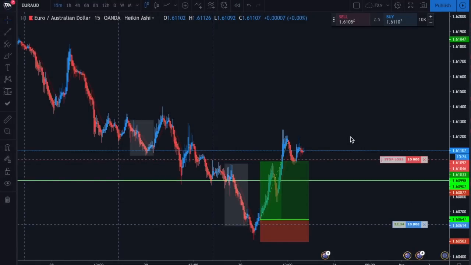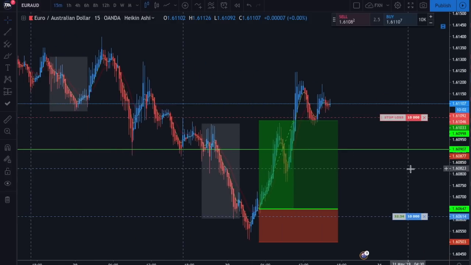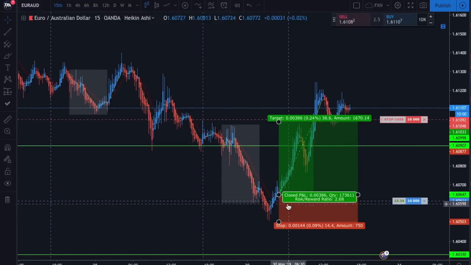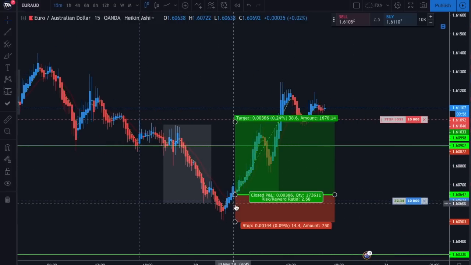Alright, so I just wanted to go over some of the trades that I took during London session yesterday. Let's just start off with the Euro AUD here. As you can see, I took it right here, right at the bottom of the Asian range here.